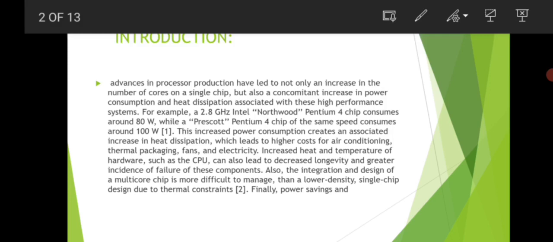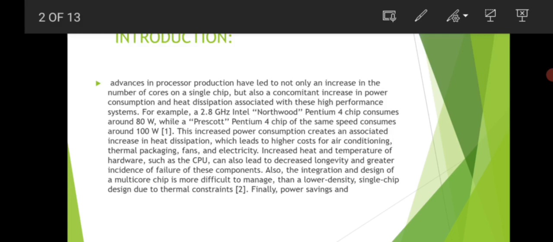This increased power consumption creates an associated increase in heat dissipation, which leads to higher costs for air conditioning, thermal packaging, fans and electricity. Increased heat and temperature of hardware such as the CPU can also lead to decreased longevity and greater incidence of failure of these components.